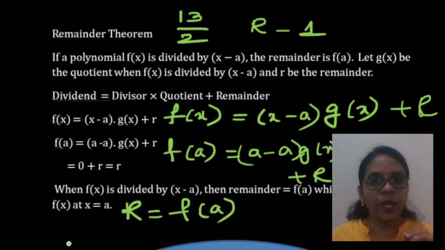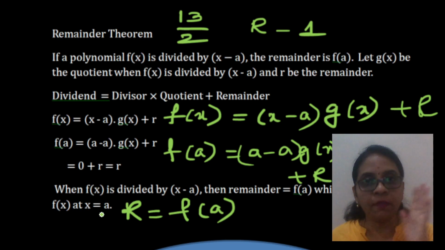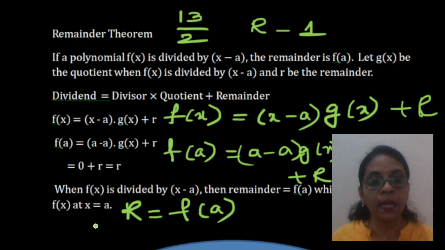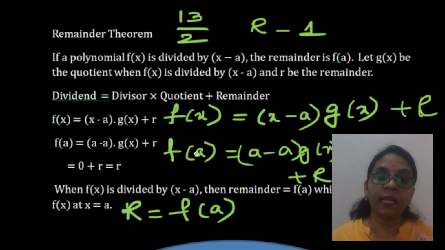I will give you a very small example for you all to understand what it is. So, you will be given a polynomial and you will be given a divisor and you will be asked to find what is the remainder if this particular polynomial is divided by so and so. Now, how did we write this x minus a? This x minus a will be given. But how did we write f of a?